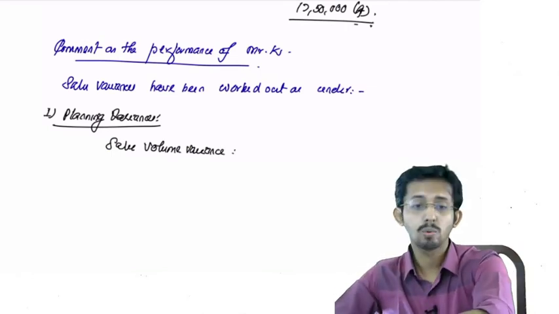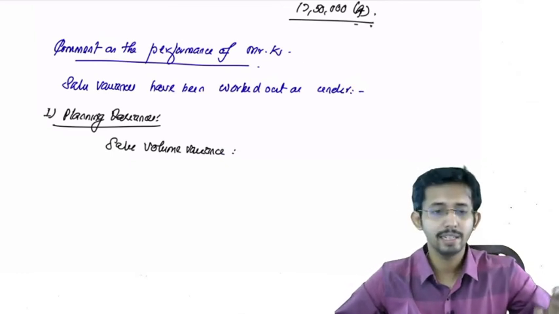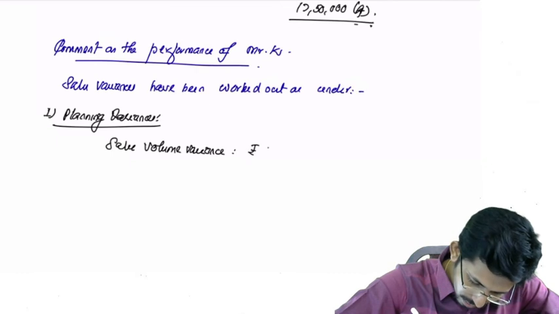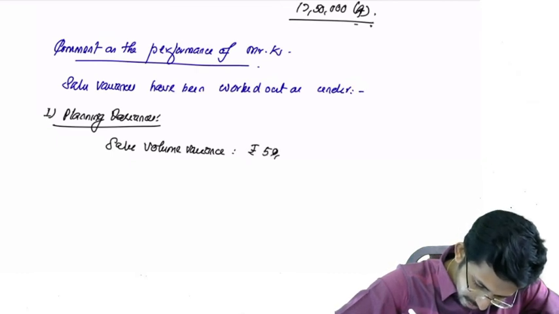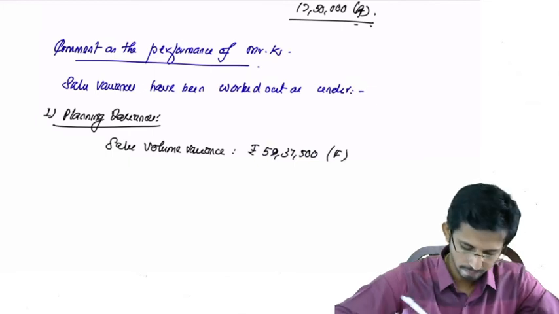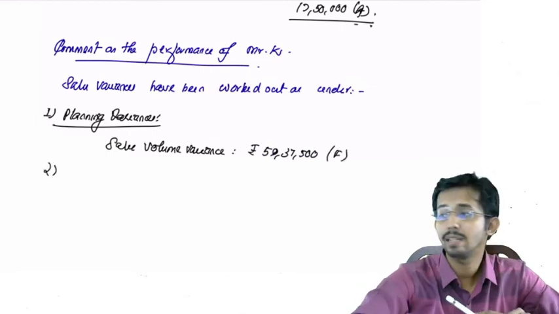How much? Sales volume variance is 59 lakh 37,500 rupees. It is favorable. Now next is operational variance.